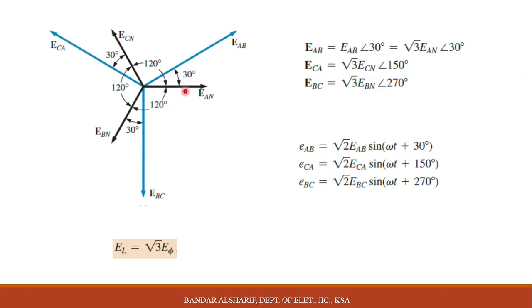But for phase and line, always the phase shift between them is 30 degrees. Okay, consider this for all Y connection. Okay, 30 degrees between each phase and each line. Before we go to the formula, also the relation between phase value and line value is root 3.